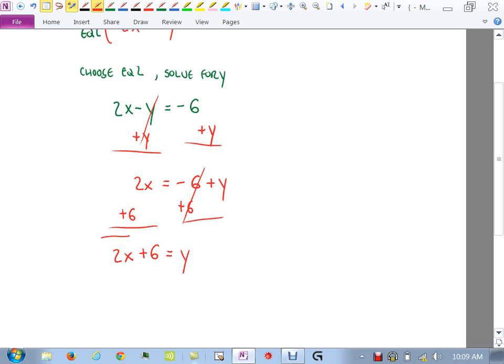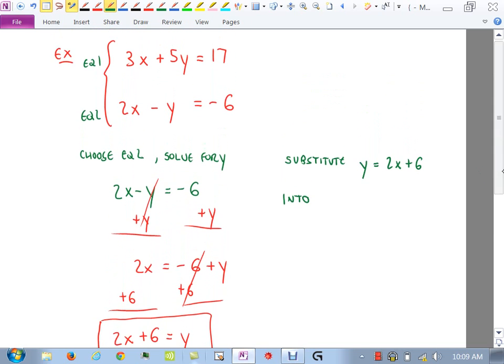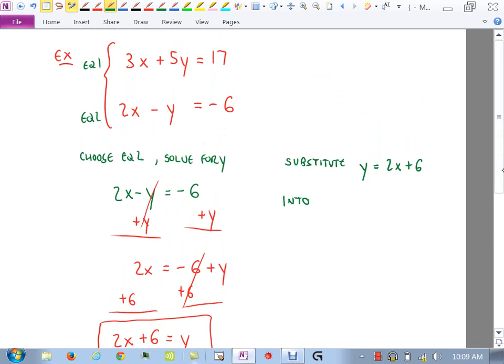Okay, once you know what y is, you box it up, and you take that answer and you substitute it where? Substitute y equals 2x plus 6 into the equation that you did not use to get y, right?